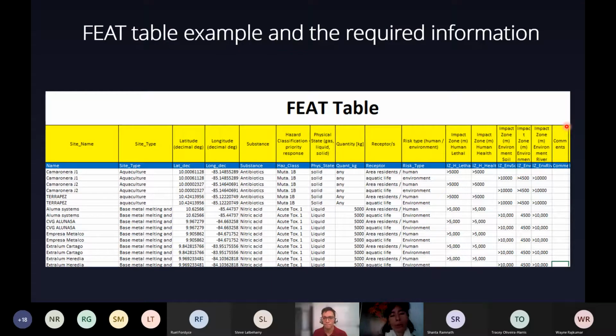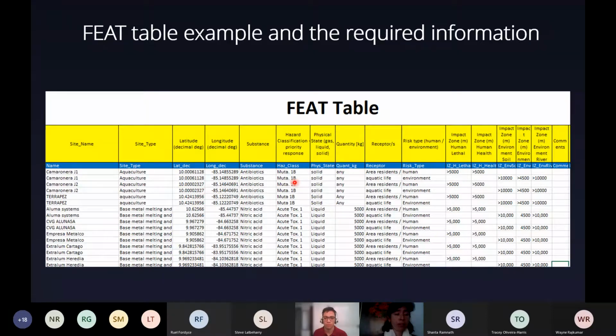But the problem with the tables that we have right now, as I said, is that we are using the information that is on the tables. Even though it is a great approximation at this moment, it is very useful to have real data, because the only thing that we can know for sure is the latitude and the longitude and the kind of operation, but we don't know exactly what kind of substance is in there, and we are assuming certain things.